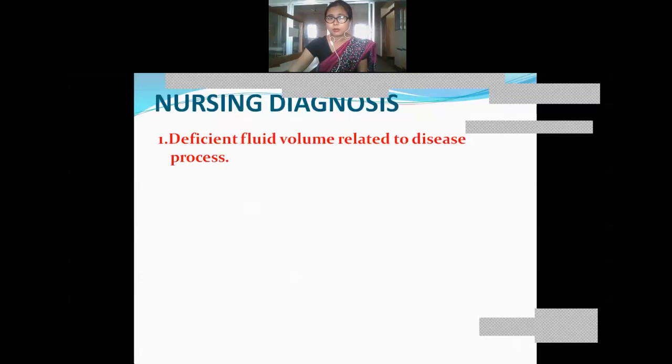Nursing diagnosis should always be formulated according to the priority, and the highest priority ones should come first. So for a patient with diabetes insipidus, deficient fluid volume related to disease process is the top priority nursing diagnosis. And for this, the goal is regaining fluid balance.